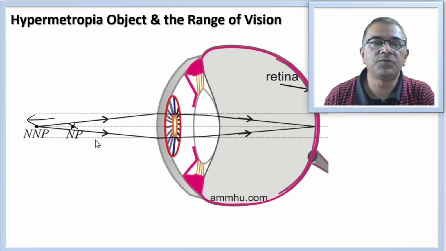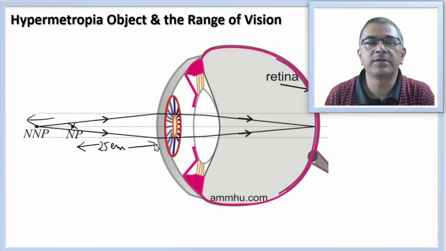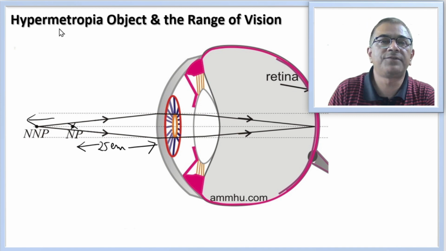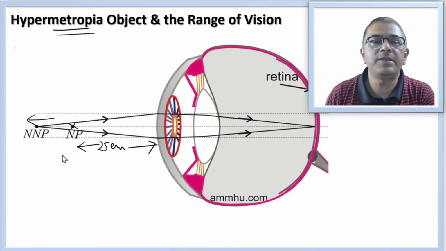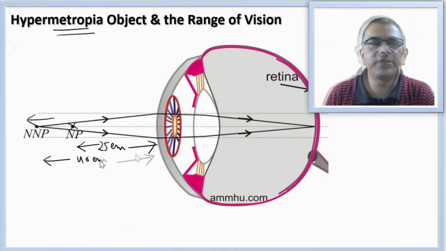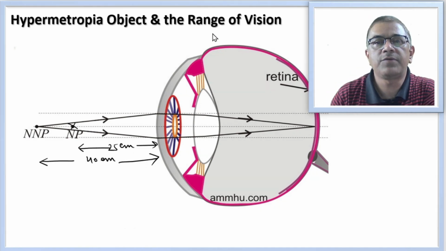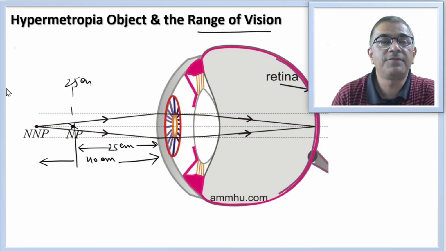Is that right? So what I really mean is the near point of a person with a normal eye lies at 25 centimeter, but for a person suffering from hypermetropia, the near point shifts a little away from the eye, say 40 centimeter for the sake of example. The range of vision for the normal eye is from 25 centimeter till infinity.